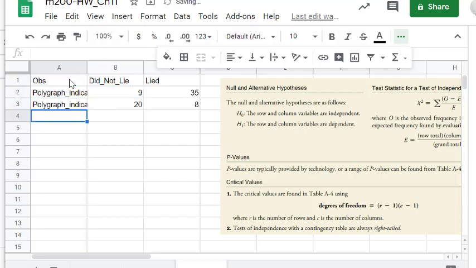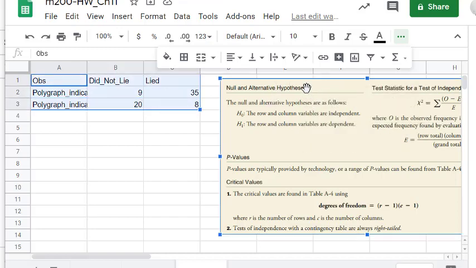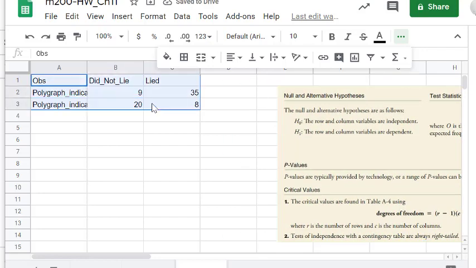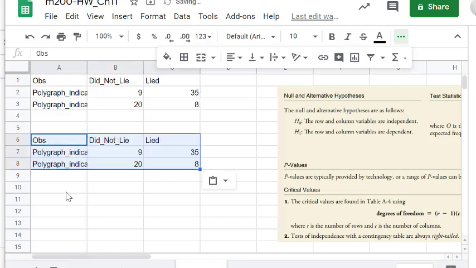And then down here we want to get an expected value. But we would need to capture that same table, or at least the same row and columns for the table. So let's copy this, and I will paste it down just a couple of rows below, and then here we will capture our expected values.